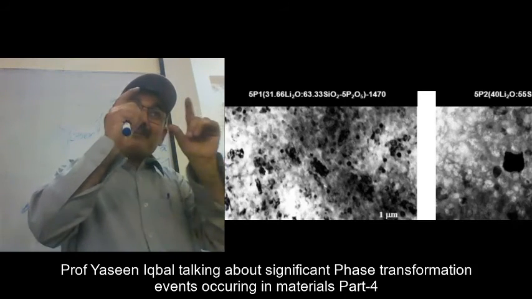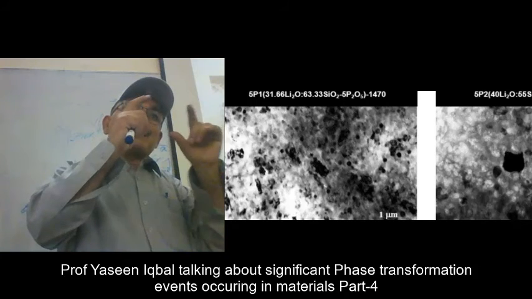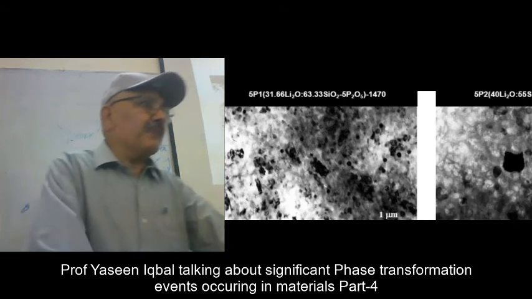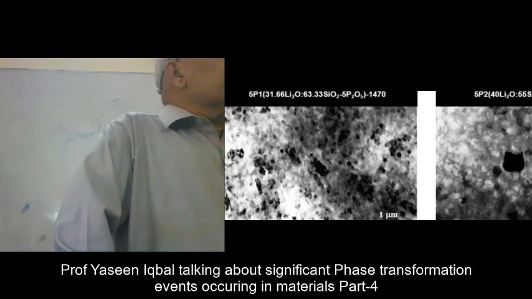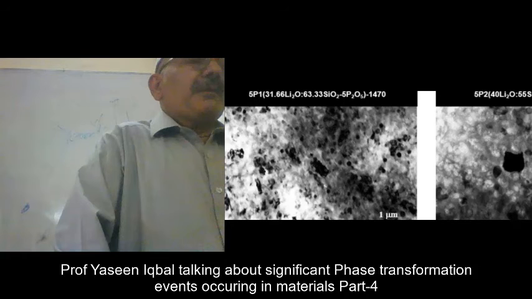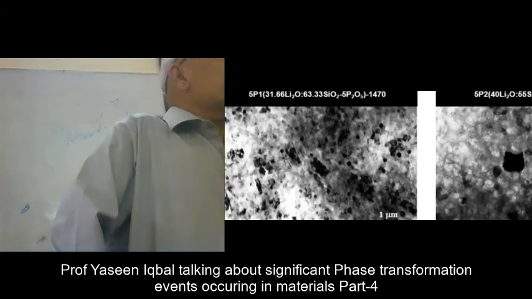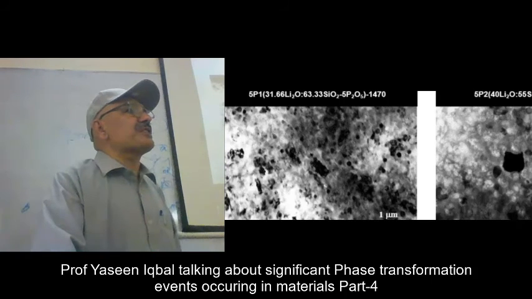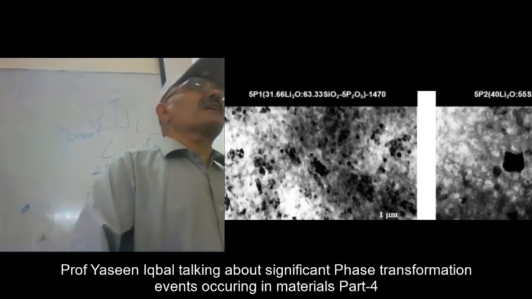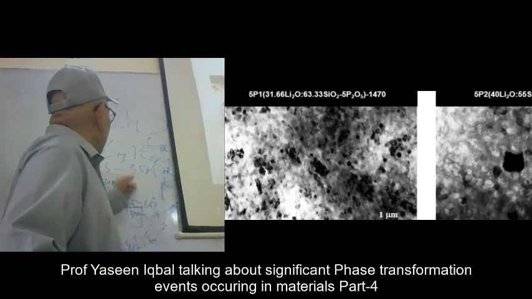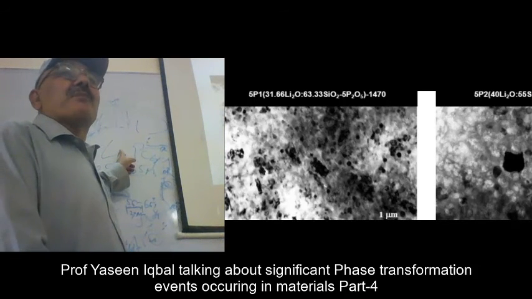So lithium phosphate crystal formed, and I gave you the example of raising myself to this table. I want to sit here, but if I sit here, it will need a lot of force, a lot of energy. But if there are a couple of steps, with a little effort, I will sit on this table. Li3PO4 is doing the job of the step.